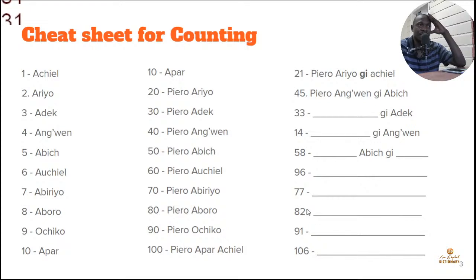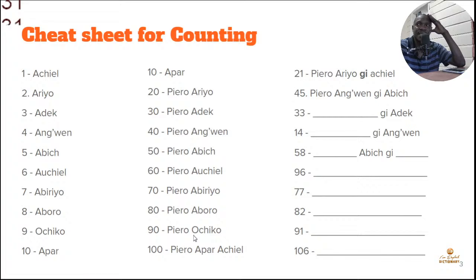So now you get the drift. We are going to look for 80 and then we look for 2. 82 will be piero aboro gi ario. And then 91 will be piero ochiko, because it's 90 and 1.